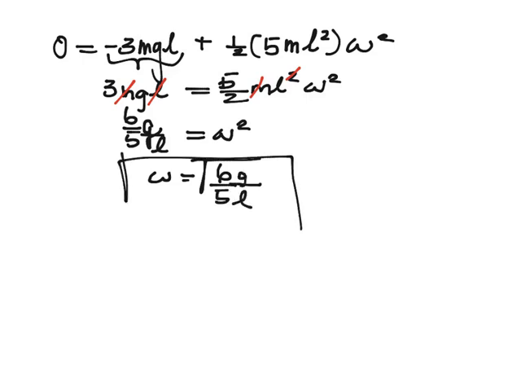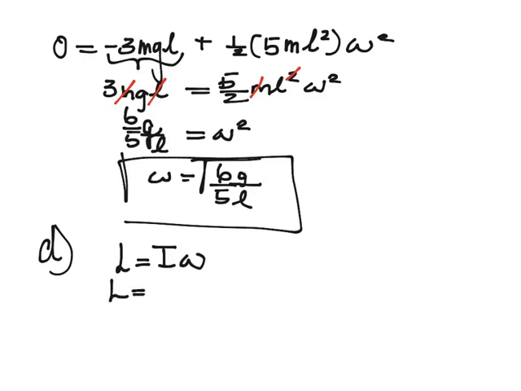Alright, in part D, I want to know the angular momentum of the system. It's just a straight calculation. I know that angular momentum is L, and that's equal to I times omega. So then I have L is equal to I, which was 5mL squared, times omega, which was the square root of 6g over 5L. And I'm going to pull all of this inside of the square root.